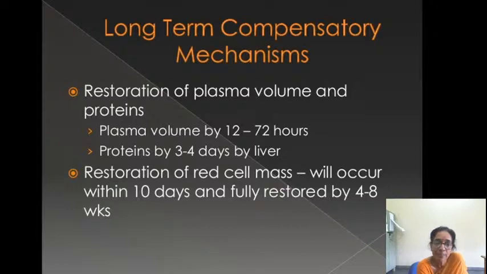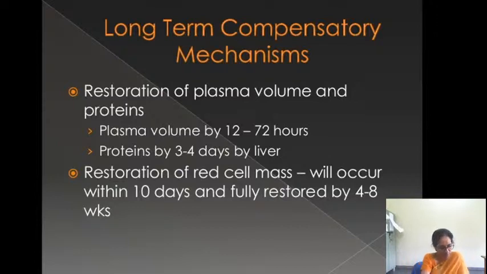And in the meantime, what will happen? The red cell mass has to be restored. So how will it come? There will be increased stimulation of erythropoietin. This will act on your bone marrow and increase your blood cells. It will start within 10 days and will be fully restored by 4 to 8 weeks.